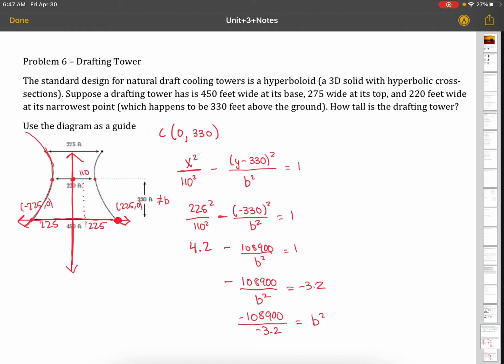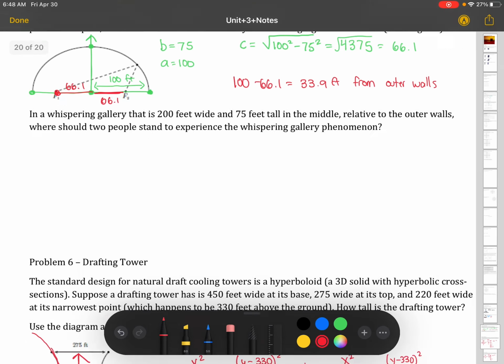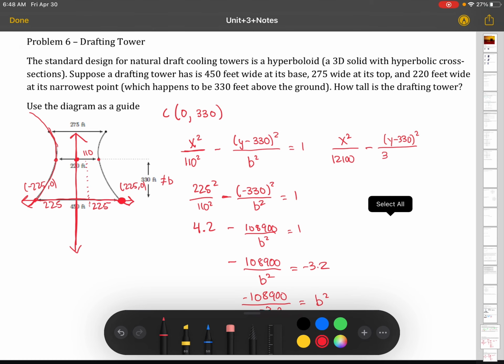So that's going to give us this equation of x squared divided by 110 squared, which is 12,100, minus y minus 330 squared divided by 34,031.25, and that equals 1. And so now we have our equation.